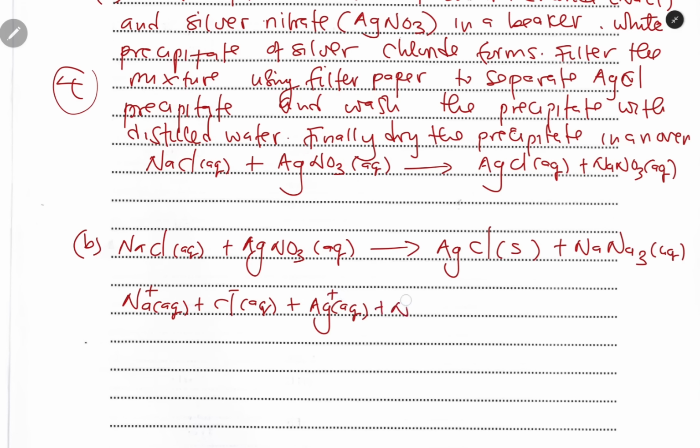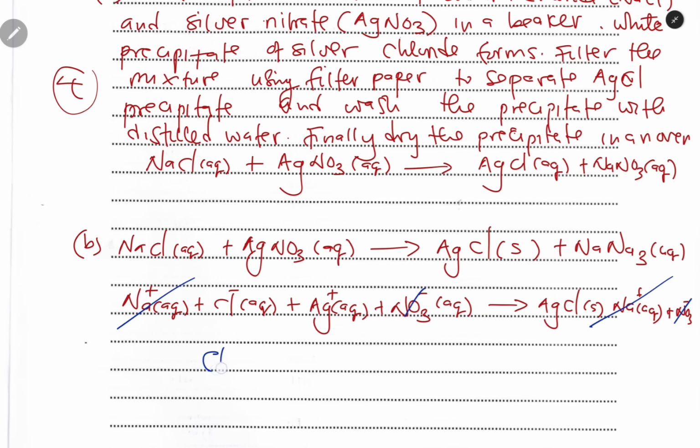Plus nitrate ion, aqueous. Then on the other side, silver chloride remains as a solid. Then we split the sodium nitrate, aqueous, into sodium ion plus nitrate ion, aqueous. Now we cancel out what is common on both sides: sodium and sodium, and nitrate on both sides.